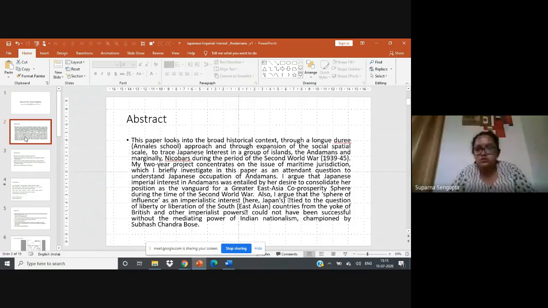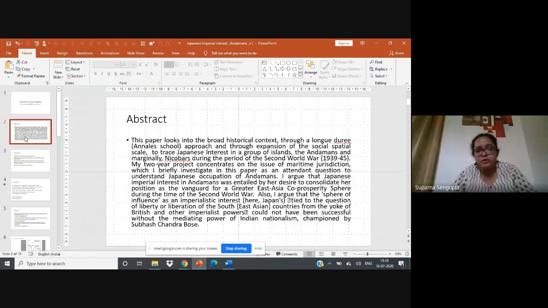What I tried to do, in continuation of my earlier presentation, is not to look at Japan or the Andamans as an isolated sphere, but to integrate the Andamans and Nicobars within the framework of empire building.